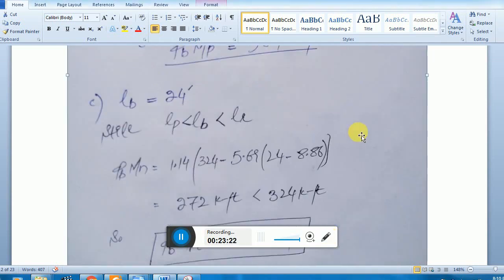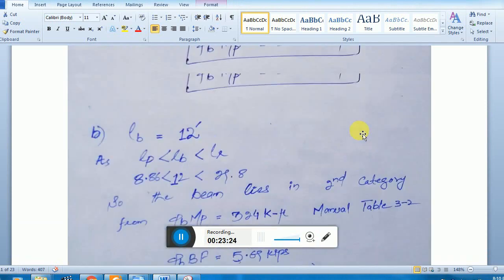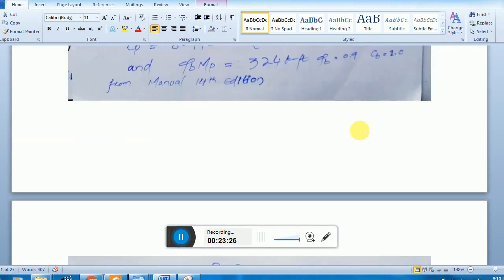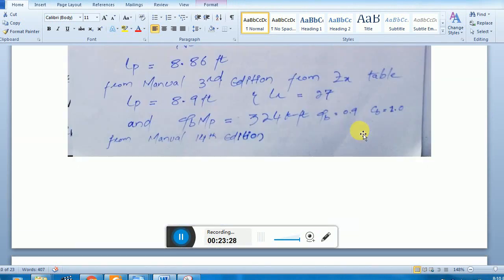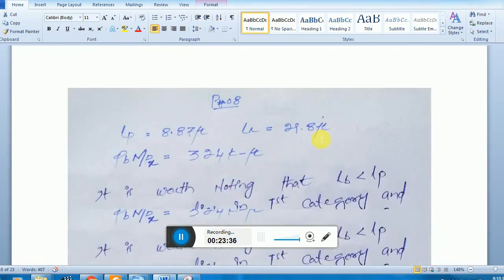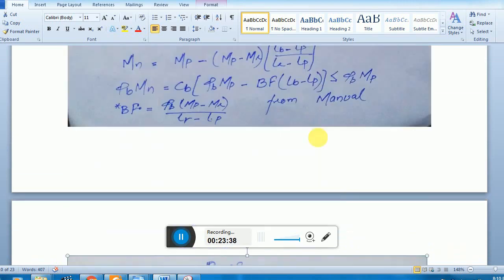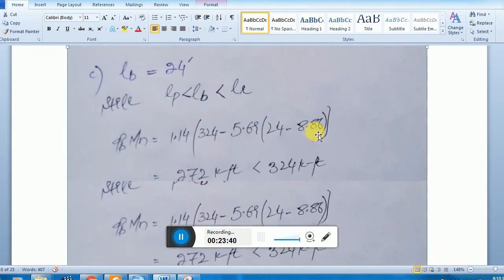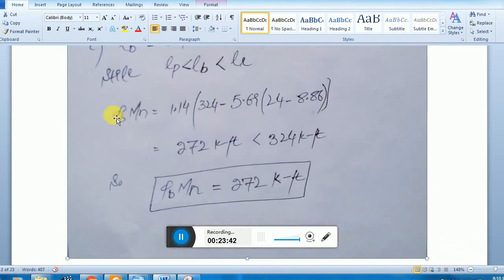Your Lr value is basically 27 feet. So once your value becomes more than 27, you will enter zone 3, okay. Now we are still in zone 2, so we have to use the same calculation, okay.